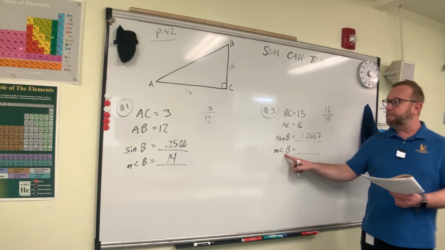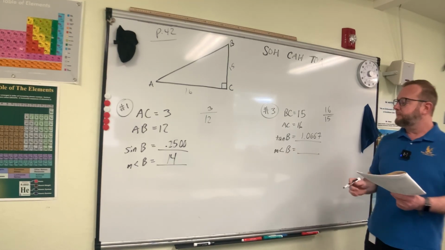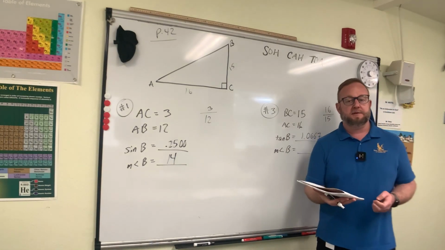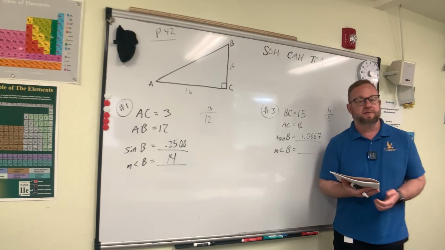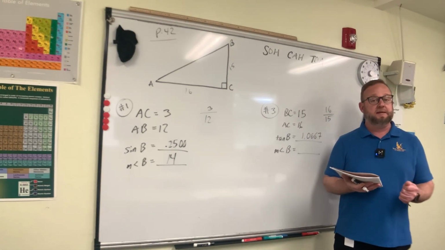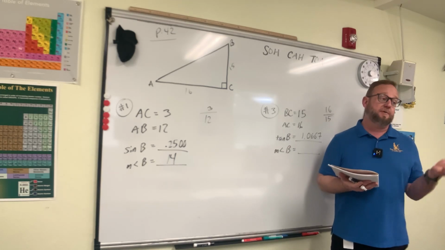Now I need to find the measure of that angle. So look up tangent under the tangent column and I try to find 1.0667. Do you find 1.0667 exactly in the tangent column? You do not.